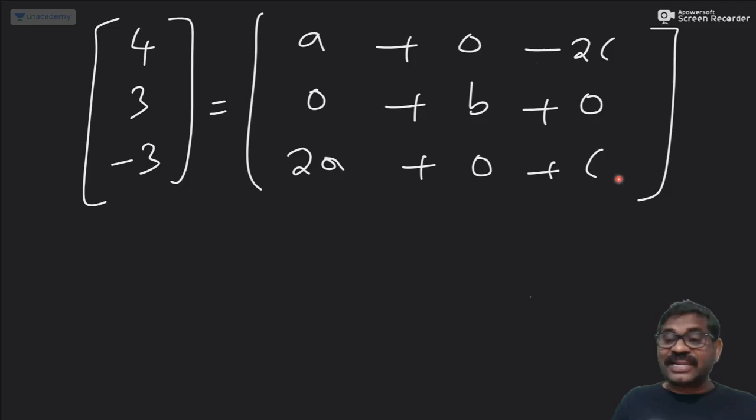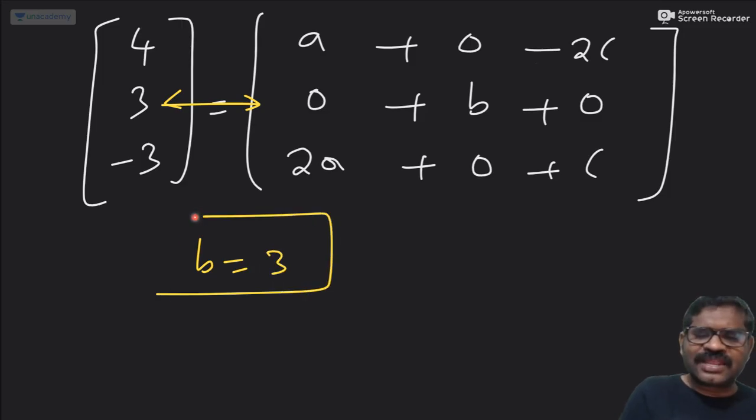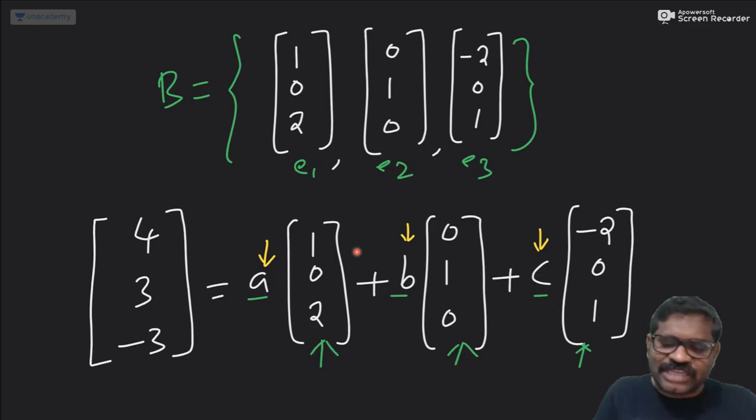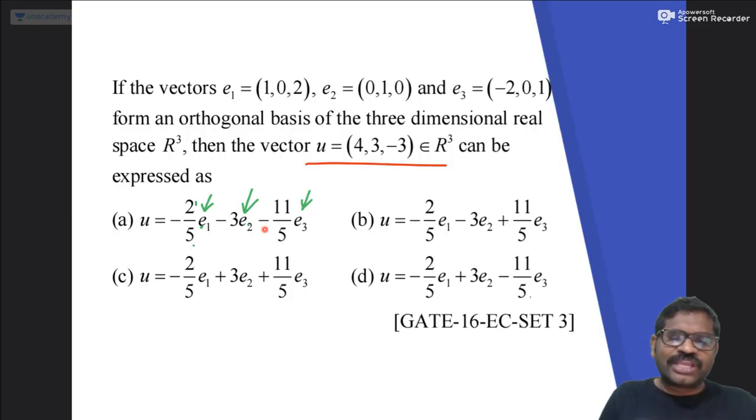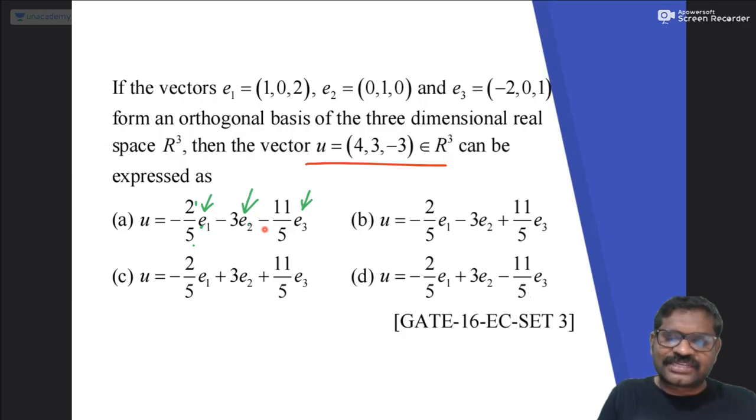So from second equation, I mean this entry, B value is 3. Catch my point? B value 3. So 3E2 is in which option? Verify. 3E2 is in which option?